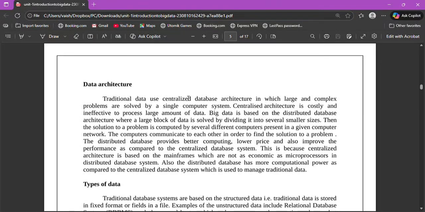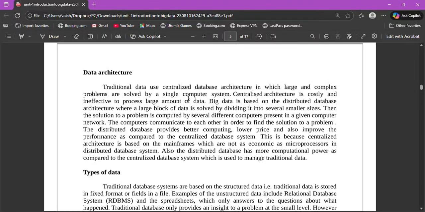Big data is based on a distributed database architecture, where a large block of data is solved by dividing it into several smaller sizes. Then the solution to a problem is computed by several different computers present in a given computer network. The computers communicate with each other in order to find a solution to a problem.